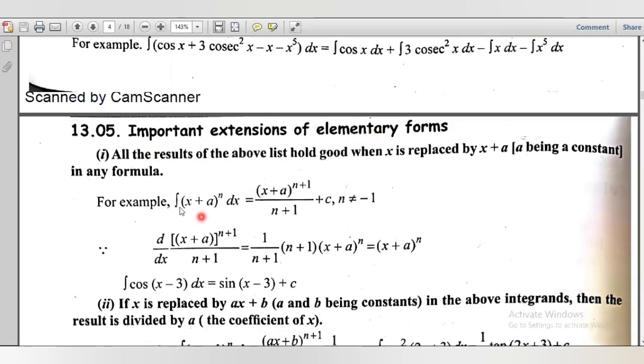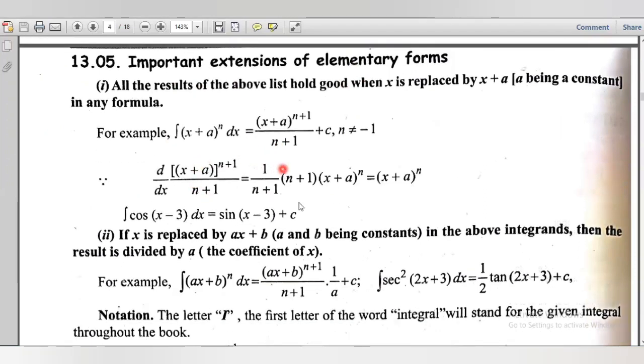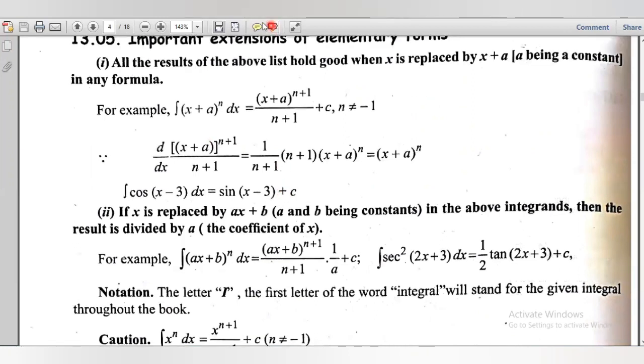So some extension, we can go through that. So it's easy. This one you can memorize as a formula, you can use.